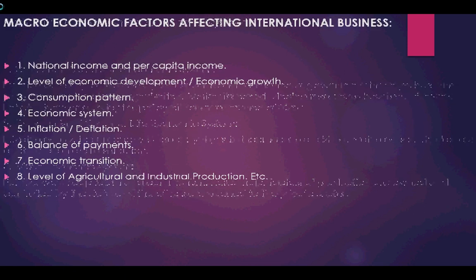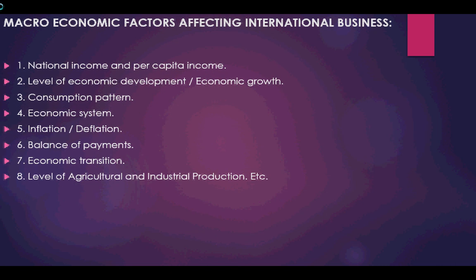So now let's study the macroeconomic factors which affect the business organizations. National income or per capita income, GDP. Per capita income can be obtained by dividing the national income by population. Level of economic development, economic growth, consumption pattern of the people in the society. Economic system: again there are three systems, whether the economic system is communism, capitalism, or mixed economy.